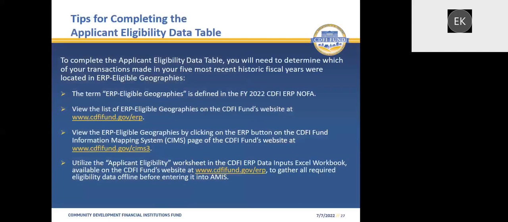Tips for completing the applicant eligibility data table. To complete the applicant eligibility data table, you will need to determine which of your transactions made in your 5 most recent historic fiscal years were located in ERP-eligible geographies. The term ERP eligible geographies is defined in the FY 2022 CDFI ERP NOFA.